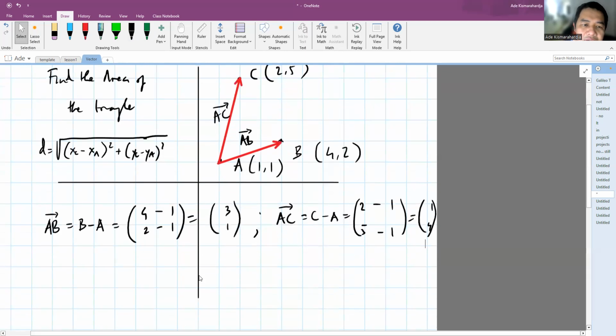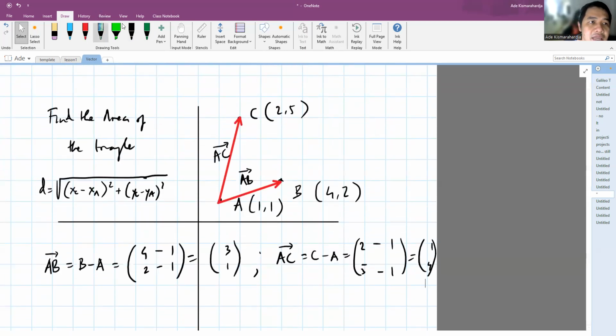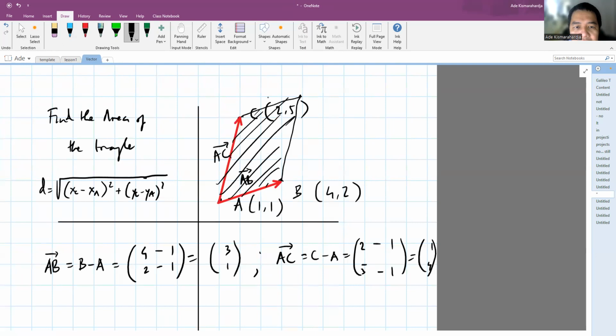Now, as you know, when you have 2 vectors like this, they make a parallelogram. So this is the two-dimensional shape made of 2 vectors. When we want to get the area of a parallelogram, normally you can just do the base times the height. But you can only do that if you have the base, and you can also calculate the height.